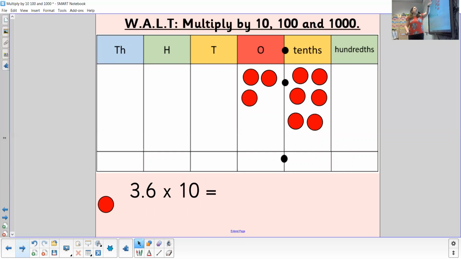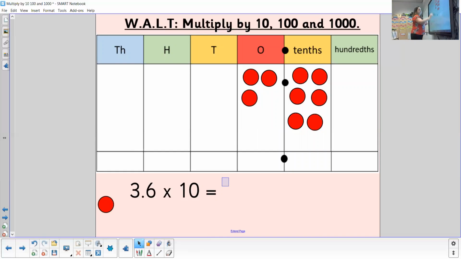So I'm looking at my number. I've drawn it on the grid with counters. So I've got 3.6 times 10. So I know times by 10, I'm going to get bigger. So all my numbers are going to move up.